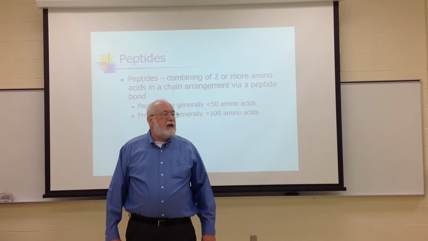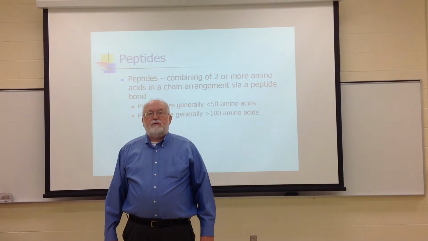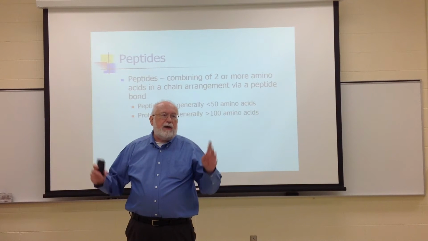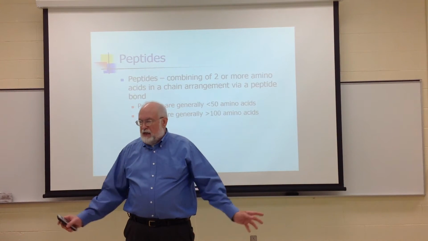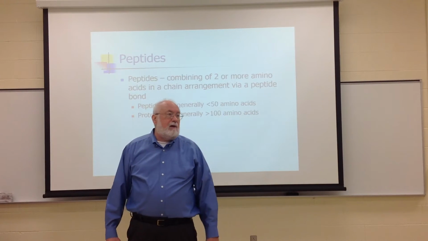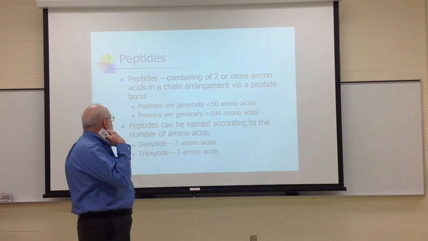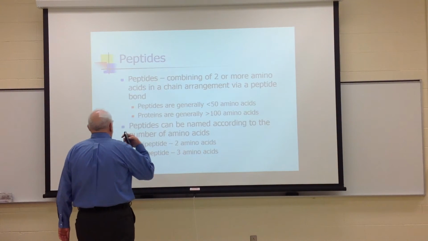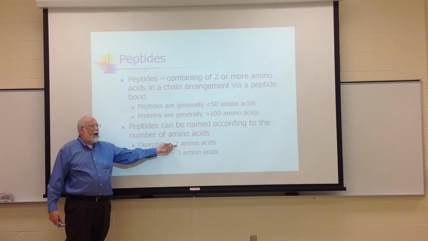So you start stringing amino acids together and you get a peptide. If you go, say, between 50 and 100, you got a polypeptide. And if you go 100 or more, well, you've got a protein. There's the difference, really. How many amino acids are in the chain? And we just start with that amino acid chain. And, of course, if you've only got a couple, well, you can call it a dipeptide.